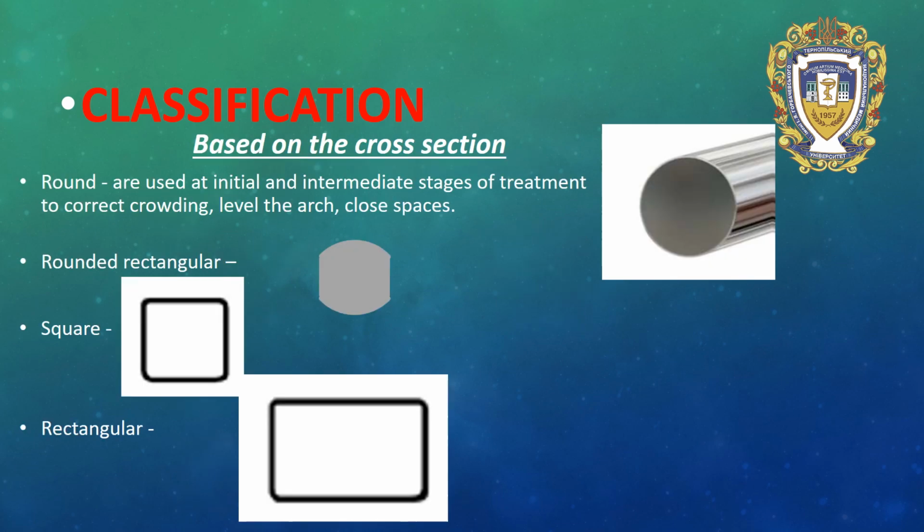Based on cross section, round archwires are used like this one. I use them at initial and intermediate stages of treatment to correct crowding, level the arch, and close spaces.